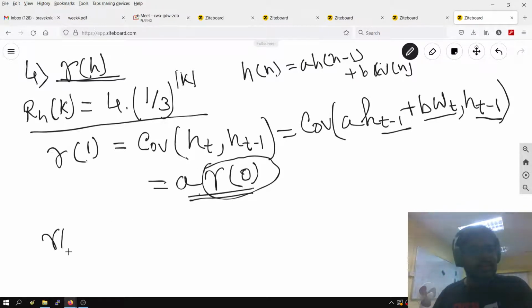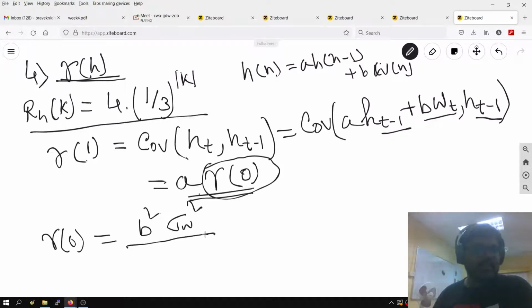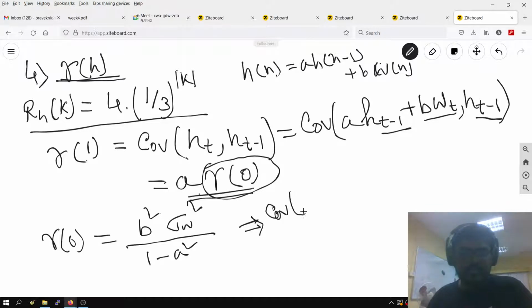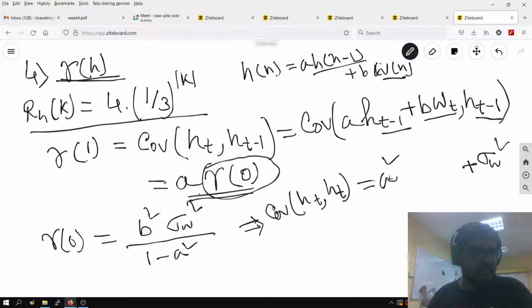And what is gamma of 0 here? Gamma of 0 becomes b square sigma w square by 1 minus a square, because this is the covariance of h of t with h of t, and w and h are completely independent, that is the assumption for us. So one term comes from here, and the other is the covariance of h of t with h of t.